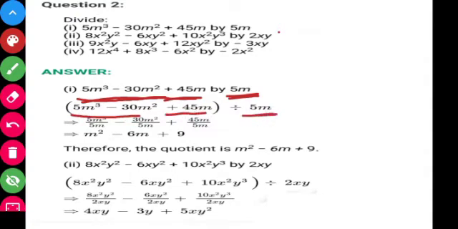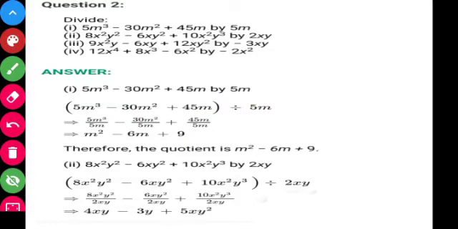Question number 2 is given, division of trinomials, or you can say polynomial by monomials. In the previous question monomials were divided by monomials, but here a polynomial is divided by a monomial. For the first part, 5m cube minus 30m square plus 45m is to be divided by 5m.